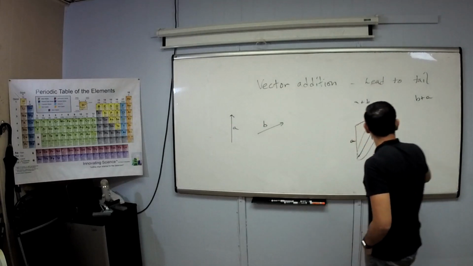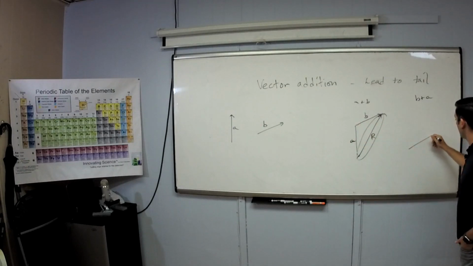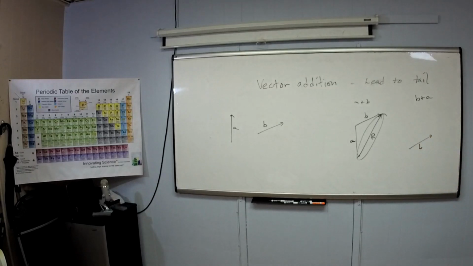I'm going to slide B over. I guess to me this looks about right. And then to the head of B, I'm going to attach the tail of A. I hope that's correct. That looks approximately right. Now I go to the last tail, that's this one.